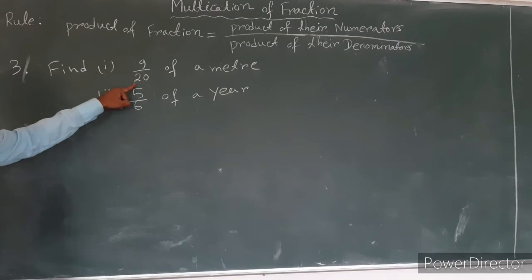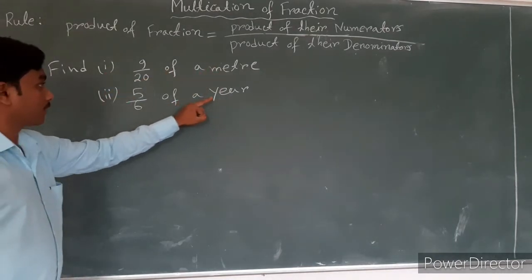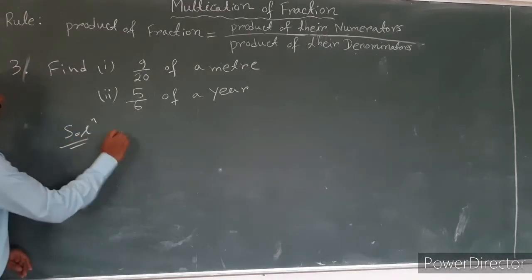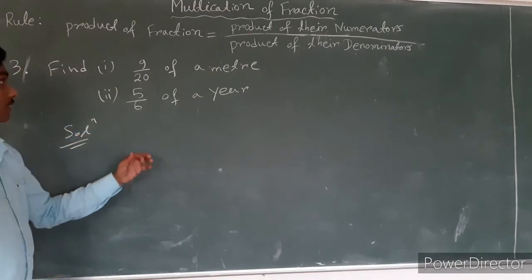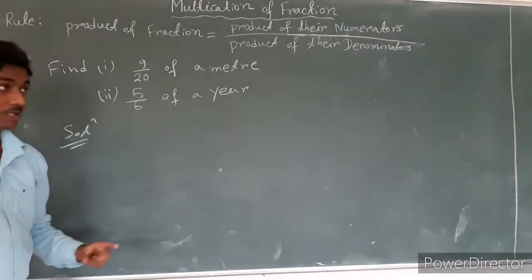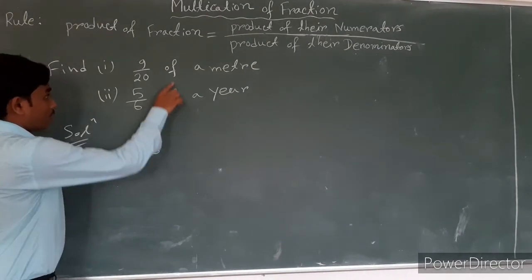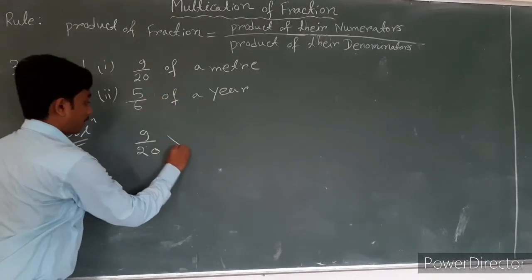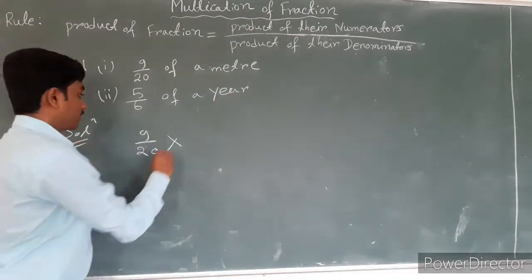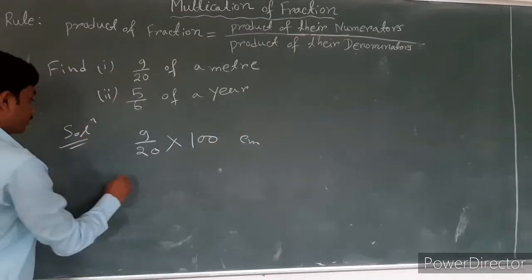Find 9 upon 20 of a meter, 5 upon 6 of a year. So how can we find the 9 by 20 part of a meter? So 9 by 20, we know that of means multiplied, a meter, 1 meter equals 100 centimeters.